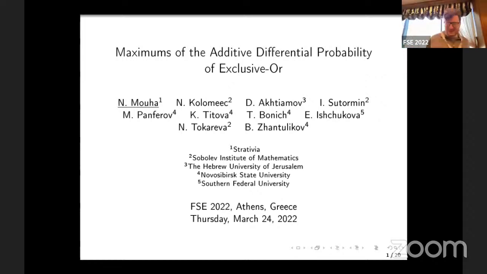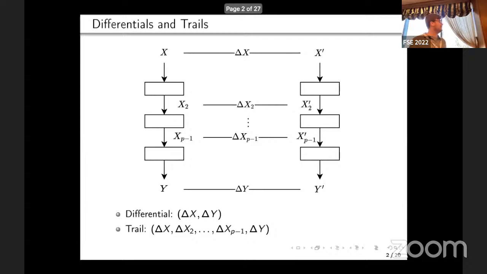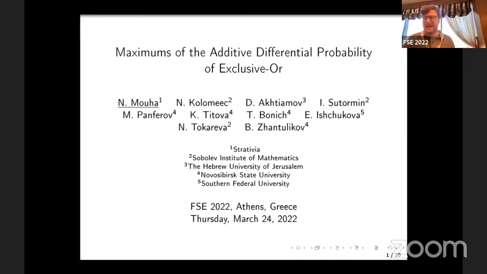Thank you, Jan. I was wondering if you were going to say all the names. So maybe I should explain why there are so many authors here. What happened was that in 2020, right when the pandemic started and summer came, I got a request from people at Novosibirsk State University who were organizing a workshop in a similar style to the eCrypt research retreats or ASK in Asia, for people who still remember those.